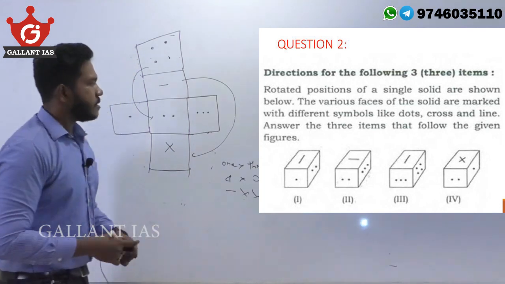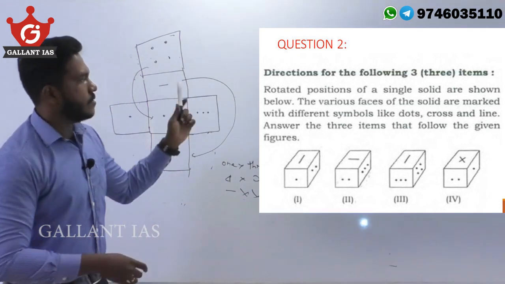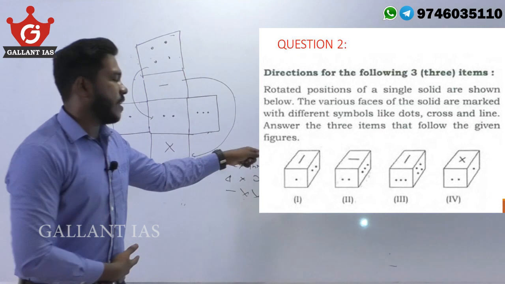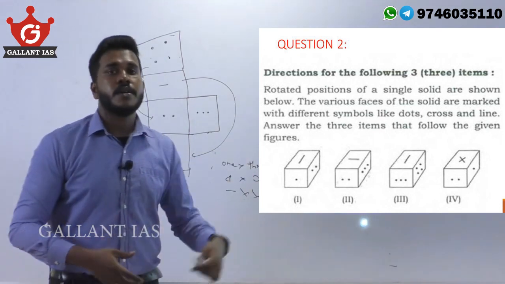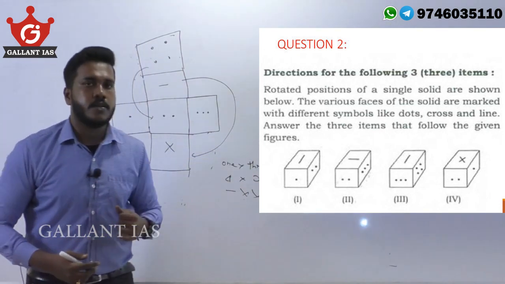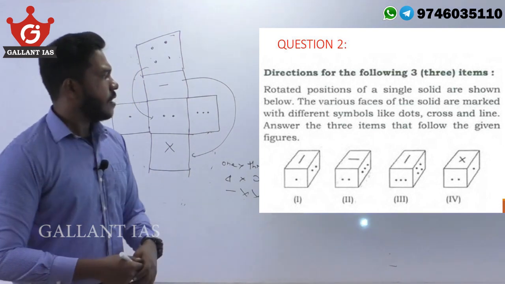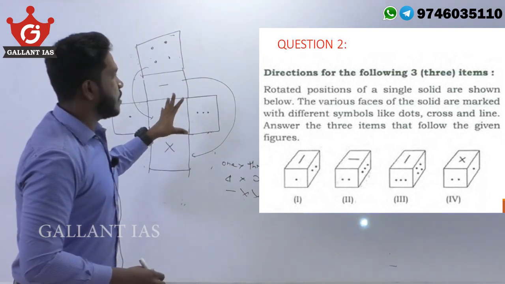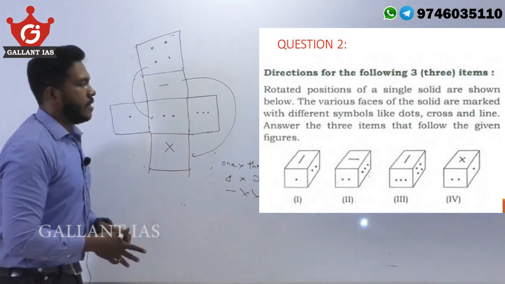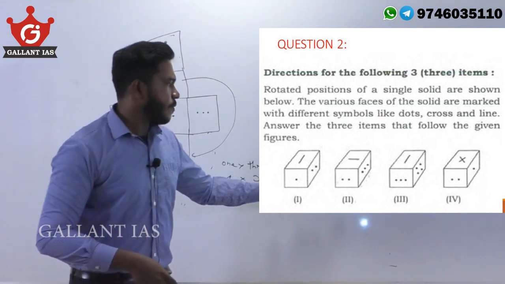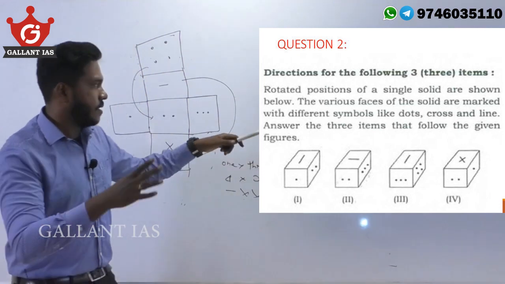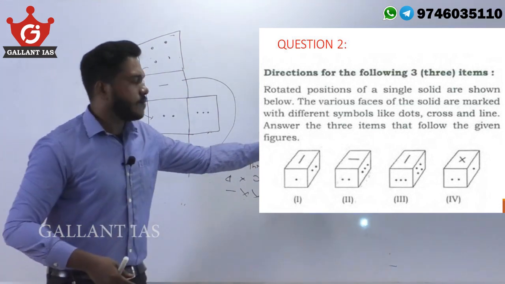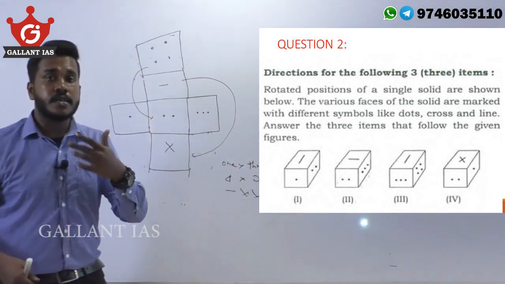In this way also you can do this problem, and of course we can do the same problem with the help of our classical concept based on dice also. But the importance of this method is that, suppose UPSC, instead of these figures and dots, sometimes asks colors.